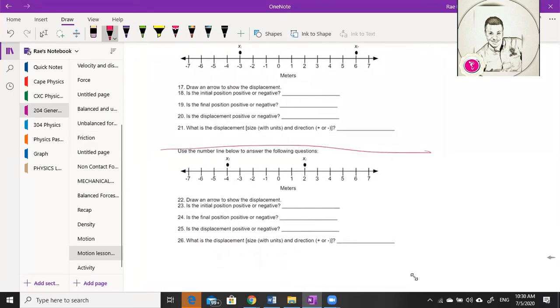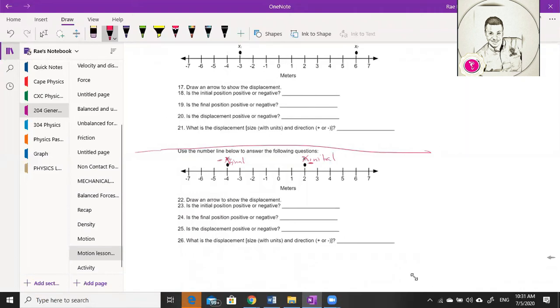It says use a number line to answer the following question. Now, let me just rewrite this. This is x final. This is x initial. So this is your initial point. This is your final point.